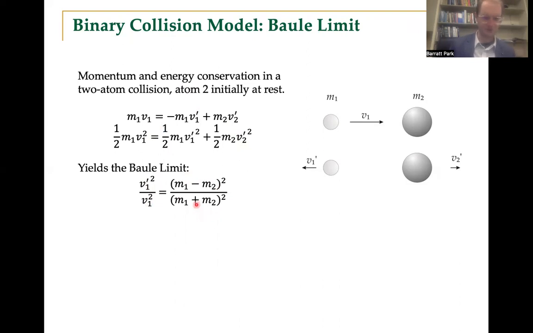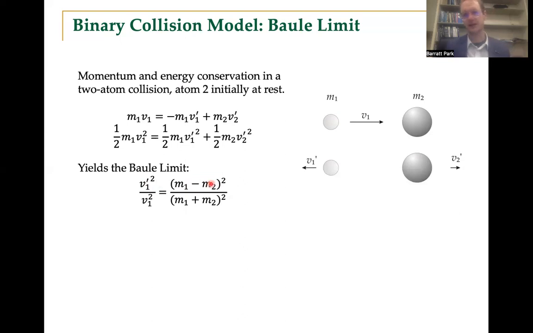And so basically the amount of momentum that can be transferred depends on the masses of the two particles. If mass 1 and mass 2 are the same, then after the collision, v1 prime is going to be 0, since m1 minus m2 would be 0 in that case.